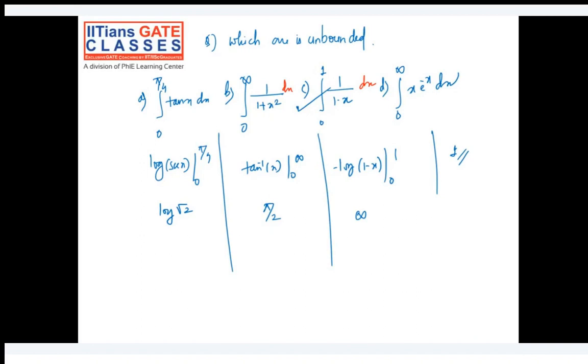Let me give you one homework question which you can try from these improper integrals. I1 is equal to integration 0 to 1, 1 divided by x raised to the power 1 by 3 dx.